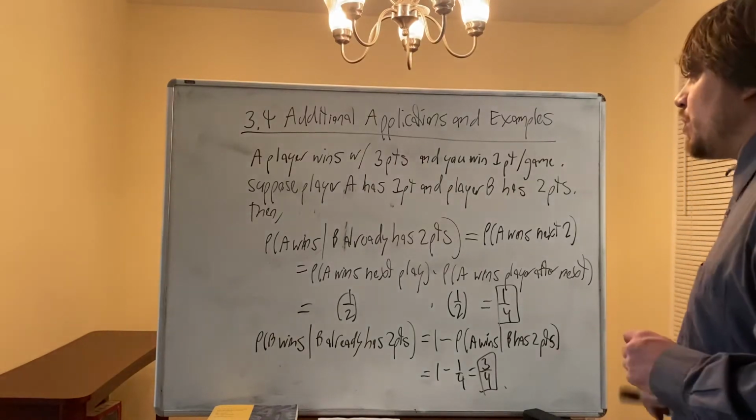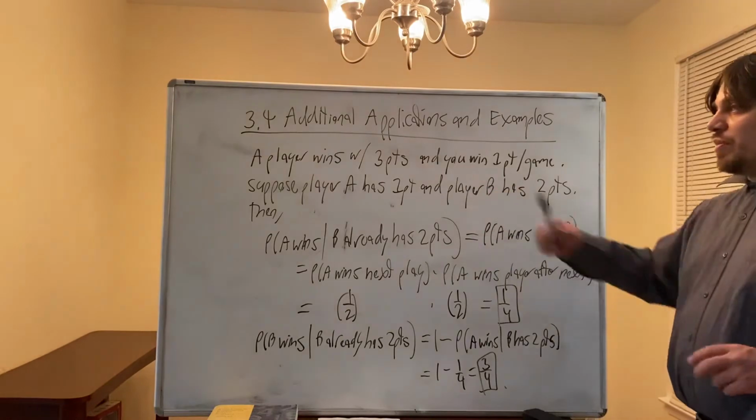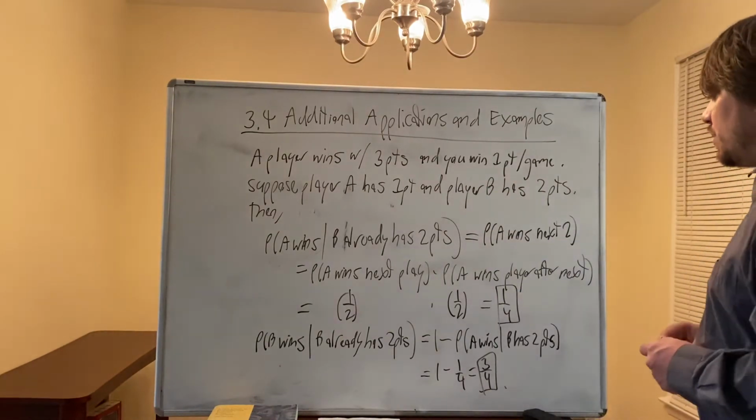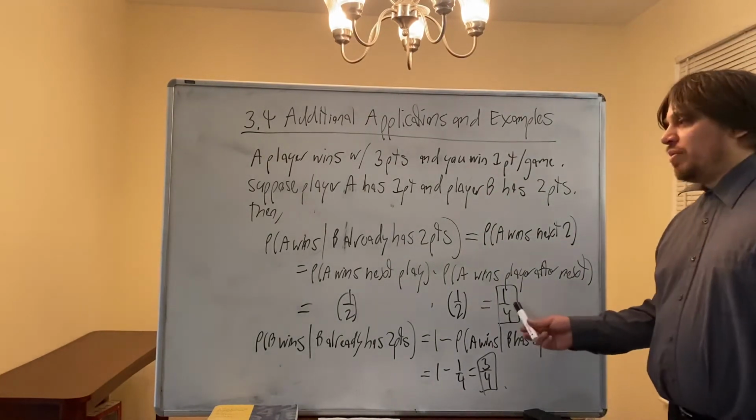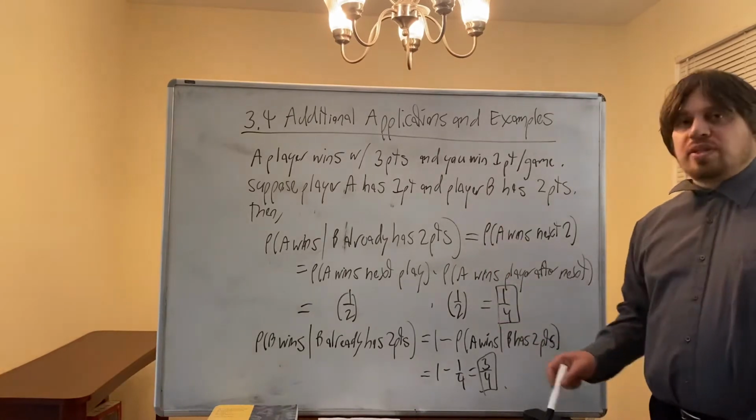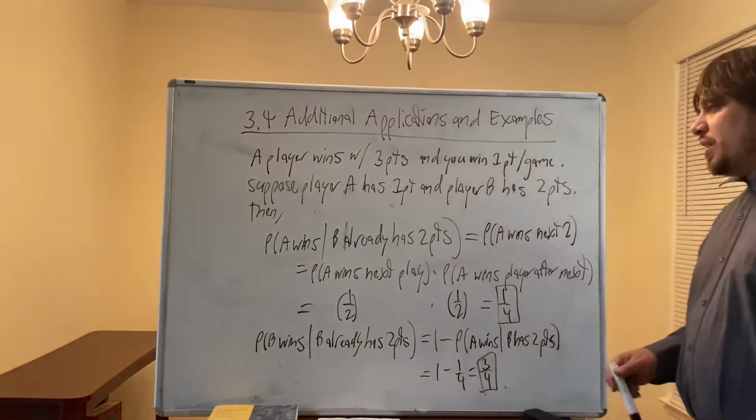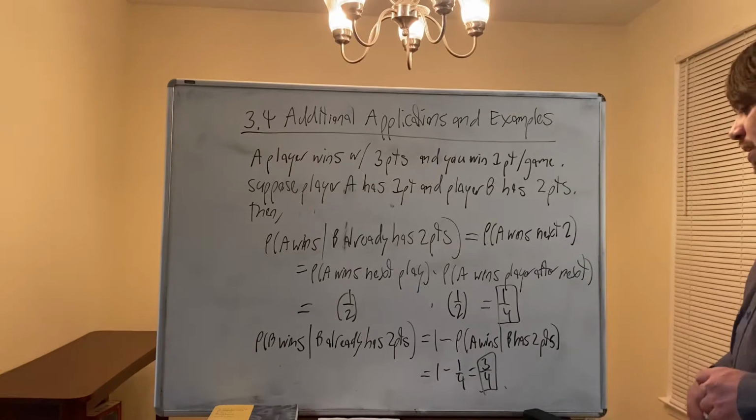Okay, so we've now found both probabilities. In this situation, one out of every 4 times A will win, and so that means the odds are 3 to 1 in B's favor.